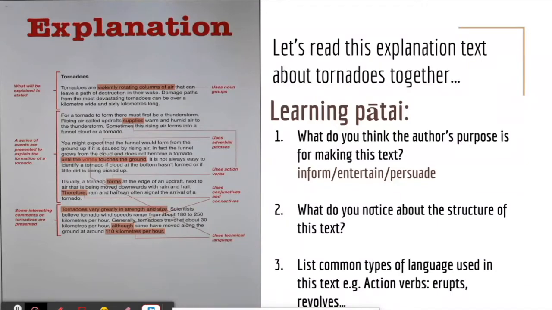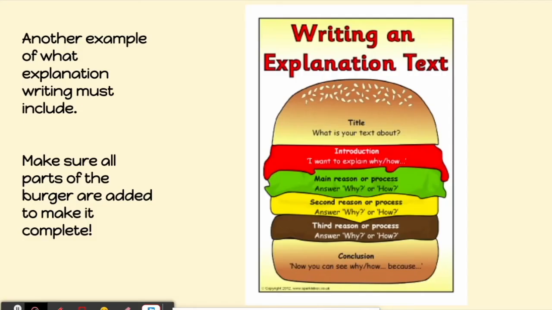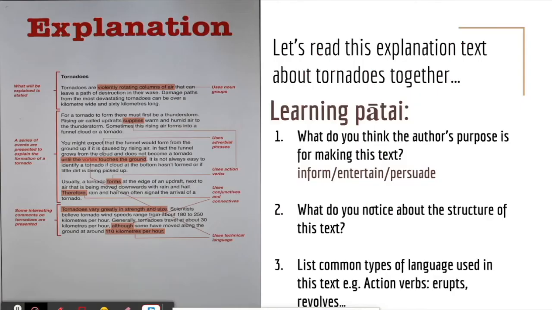Question number 2. What do you notice about the structure of this text? All right, and you'll see on the slide that there's a few hints there that will help you. Do you notice those main elements of an explanation text? The title, introduction, main reason or process 1, 2, and 3, and then a conclusion.